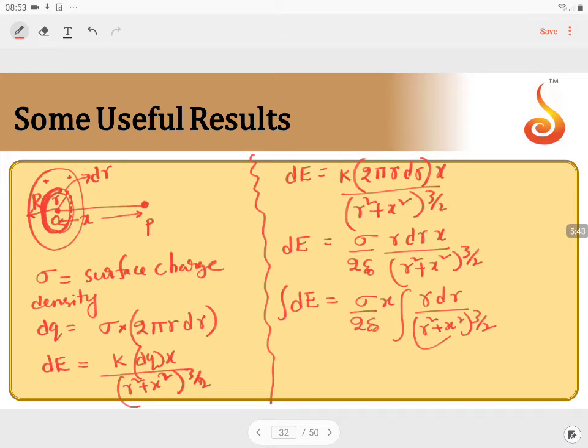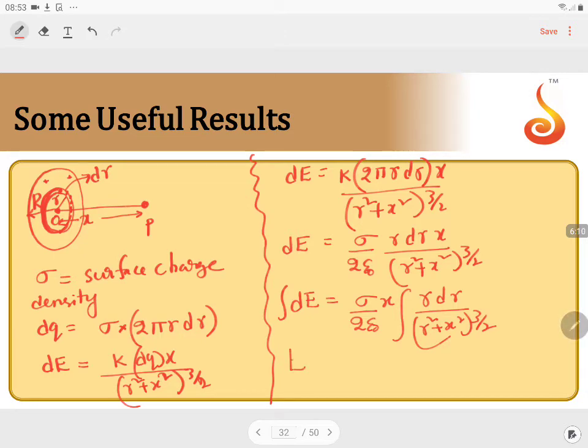What is theta? Theta is the angle made by any point on the disk with the given point. The theta value will vary from 0 to theta naught. That means here we are converting the r variable into the theta variable.